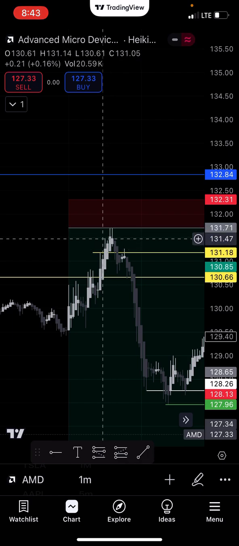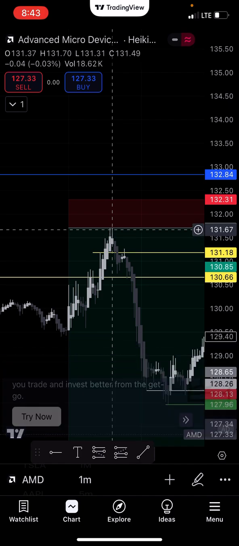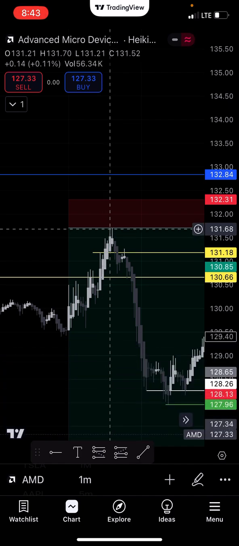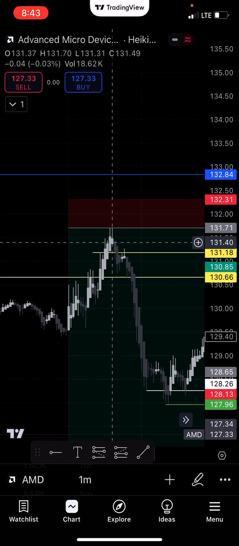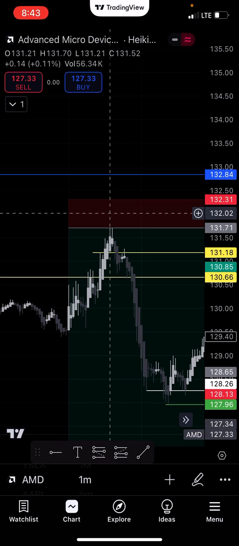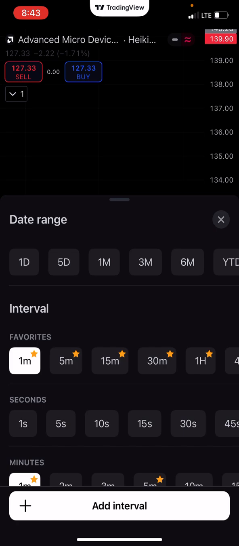So after we broke this high right here, I just entered like 80% of my position. And then once we created this little bottom wick here, I knew that volume was really weak, and my stop loss was those highs over here on the hourly time frame.